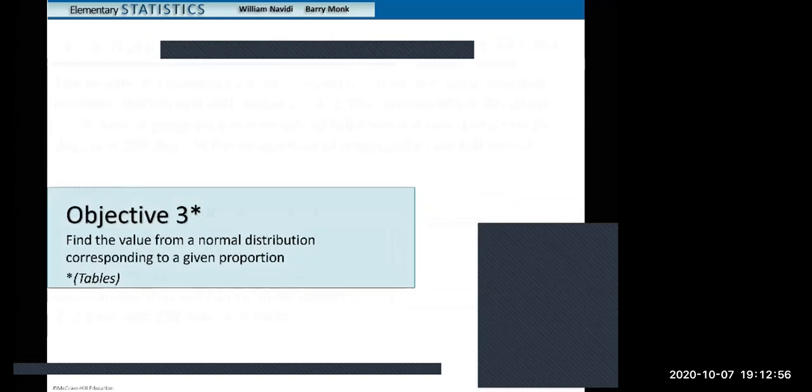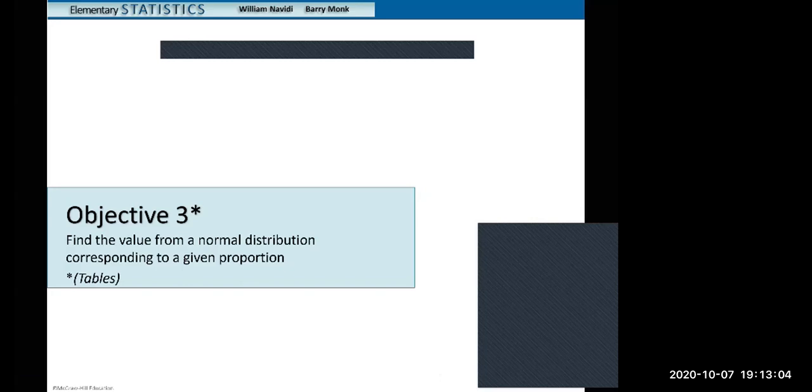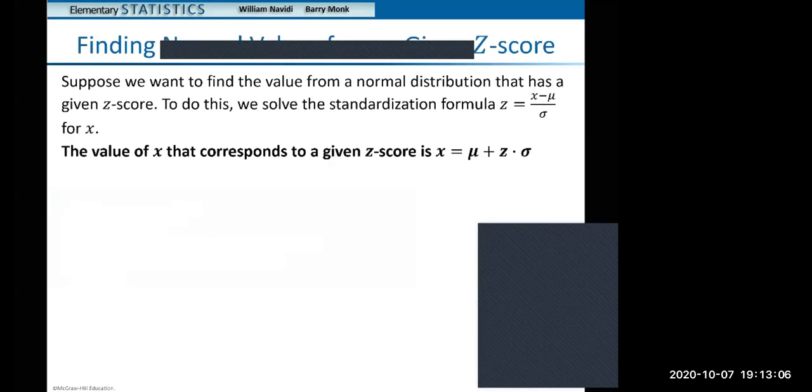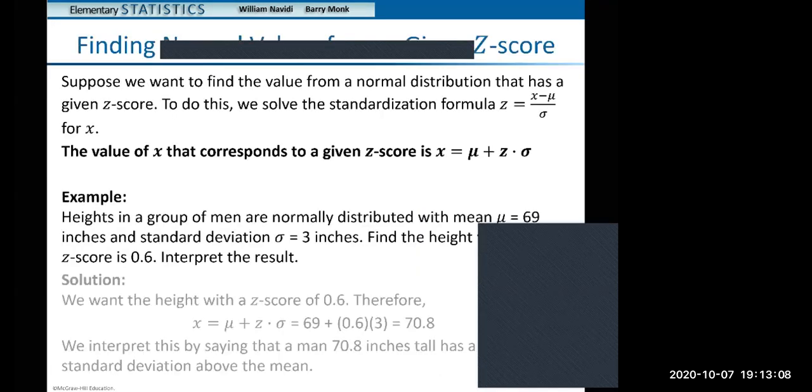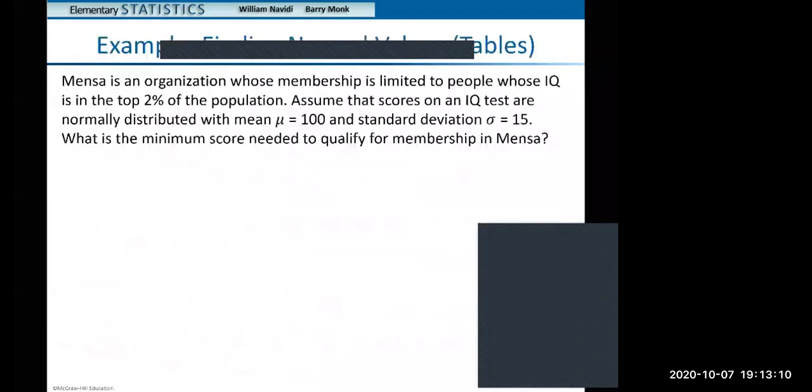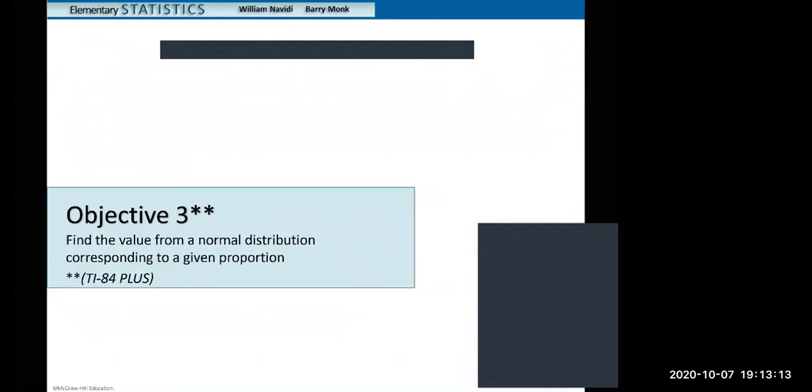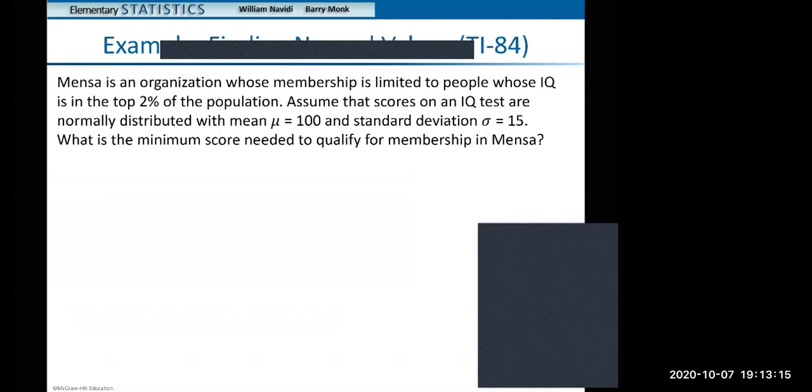All right. Next is this time backwards again. Find the value. So meaning we need to use inverse norm. This is by using tables, so let's skip this and use inverse norm. I need another volunteer to read the problem.